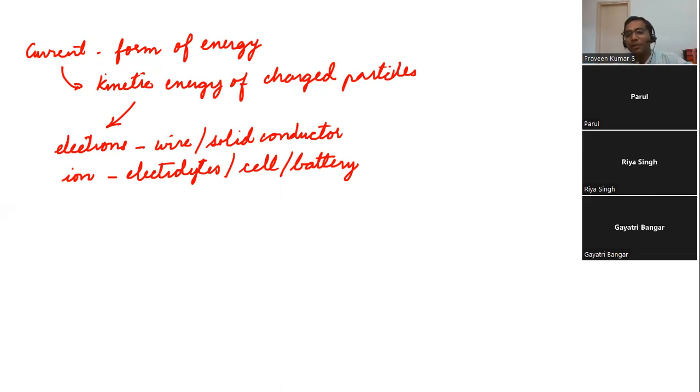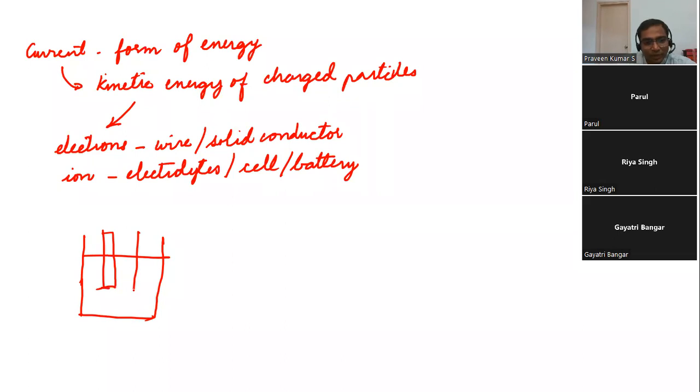Okay, so what do I mean by this? I'll give one simple example. Now let's take a small cell like this, and let's say that this has some solution, and there are two electrodes. One is a copper electrode, one is a zinc electrode.